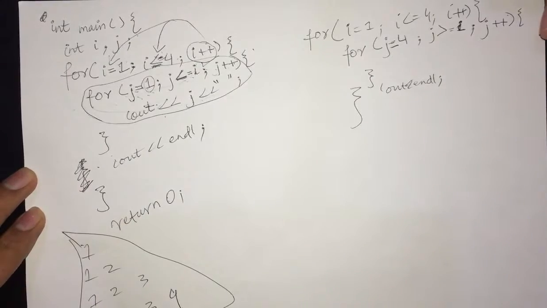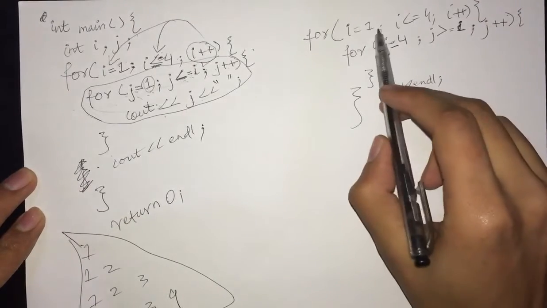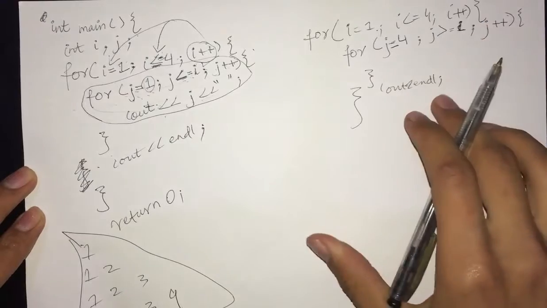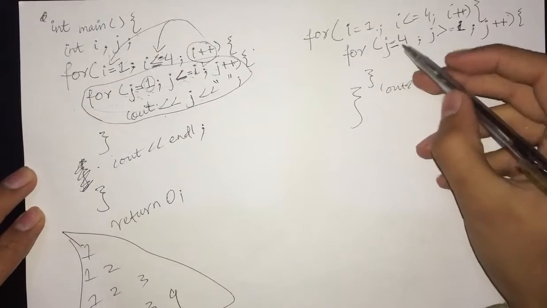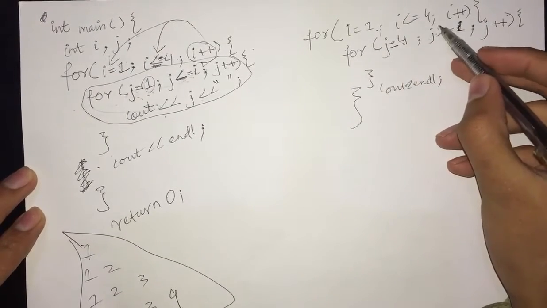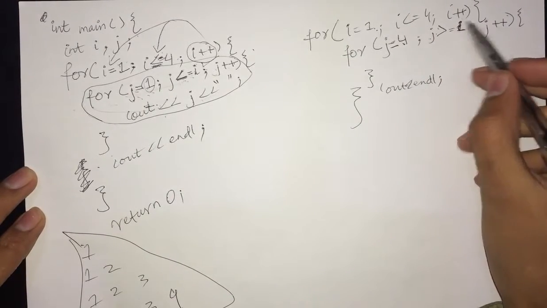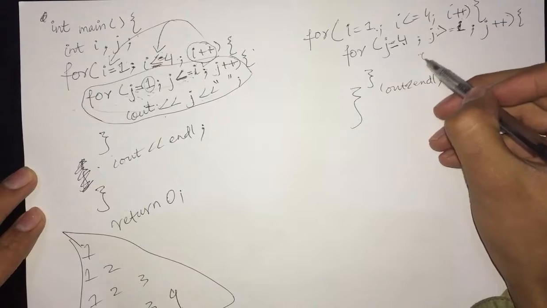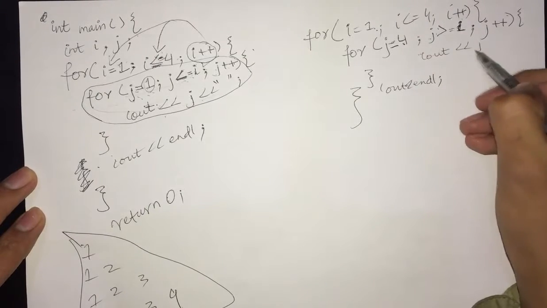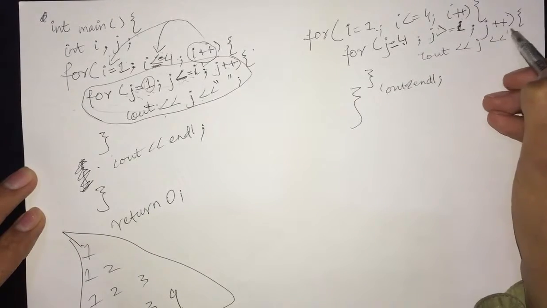So here all of this process is going to execute all of the code, but here j equals 4 and j is greater than or equal to i, that is i is 1, so this code is going to execute, that is cout j, and j will be 4 in the first line.